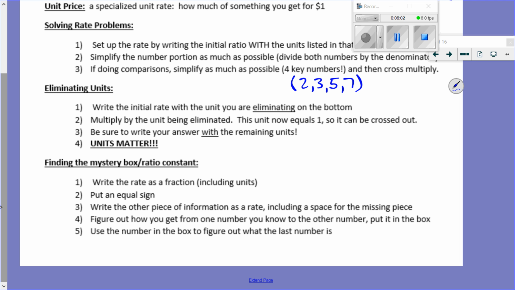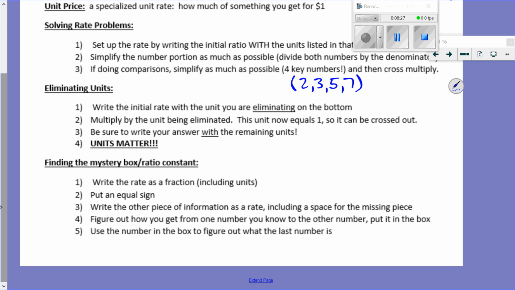It will never be addition, subtraction. Okay? So when you're looking at it, think, how do I go multiplying or dividing from one number to the other? You write that into your box, including which operation you're doing, division or multiplication. Then you do that same thing on the top. It will give you your answer, including the units. And if you already wrote the units down beforehand, you've already got the units all set.